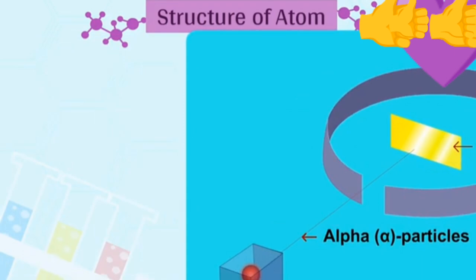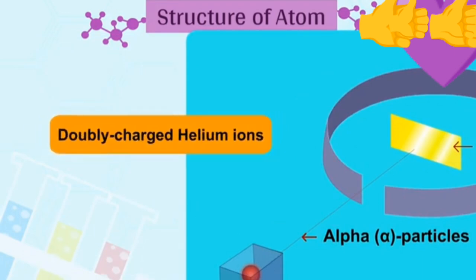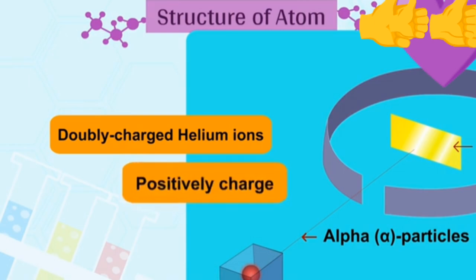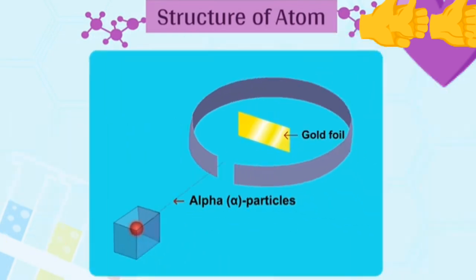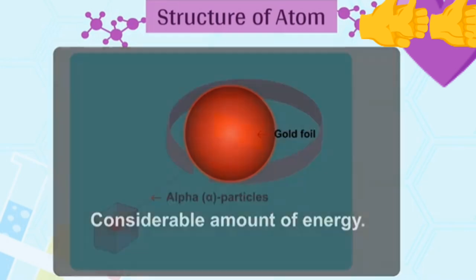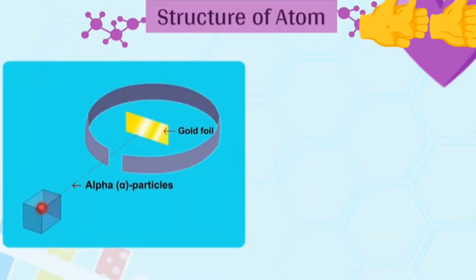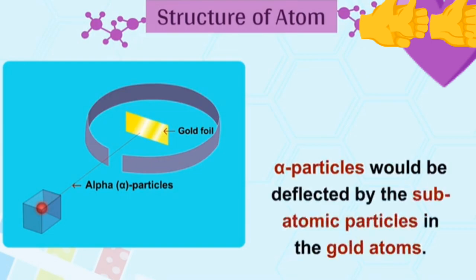2. Alpha particles are doubly charged helium ions, and they are positively charged. And since they have a mass of 4u, the fast-moving alpha particles have a considerable amount of energy. 3. It was expected that alpha particles would be deflected by the subatomic particles in the gold atoms.